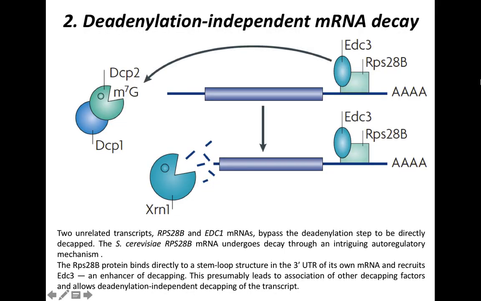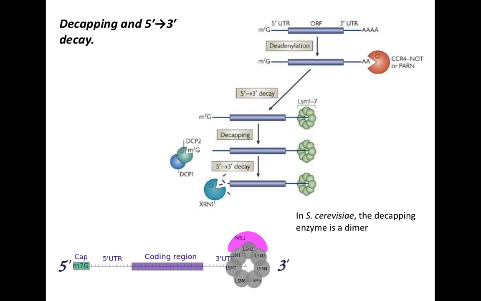So hello everyone. In our previous lecture we talked about mRNA degradation, and we discussed de-adenylation dependent mRNA decay, where in either case, whether you want to proceed in 3' to 5' direction or in 5' to 3' direction, it was mandatory that you first remove the poly A tail, and then you can degrade the mRNA molecule.